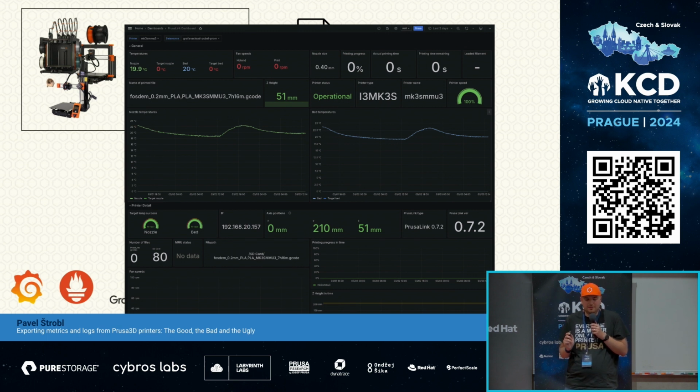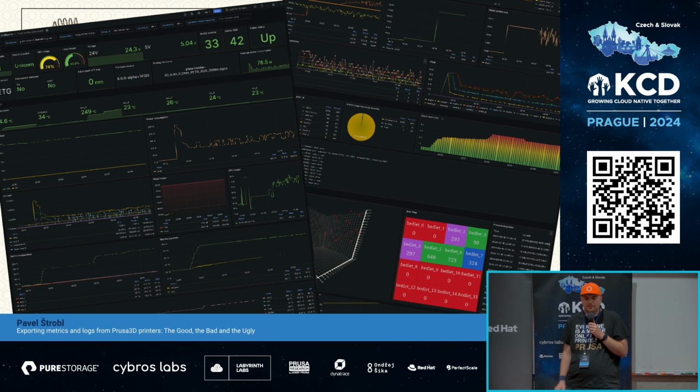But more interesting are syslog metrics, because you have information about not only what you are printing or temperature, but also about the current voltage the printer is running on, about the logs, because you can get the logs from the printer, pulse wave modulation for multiple devices in the printer.